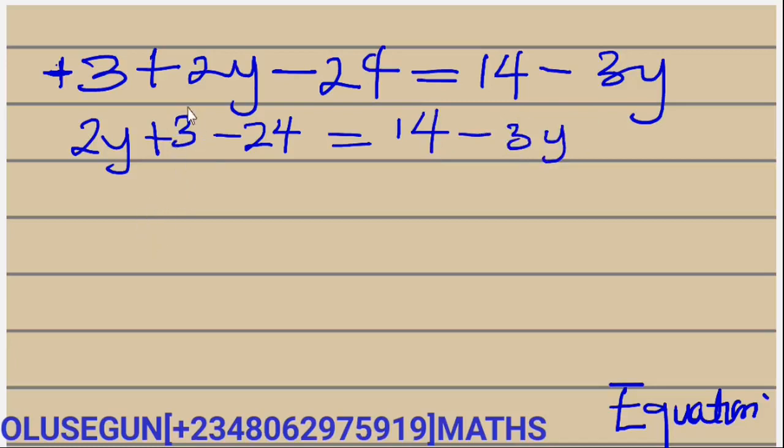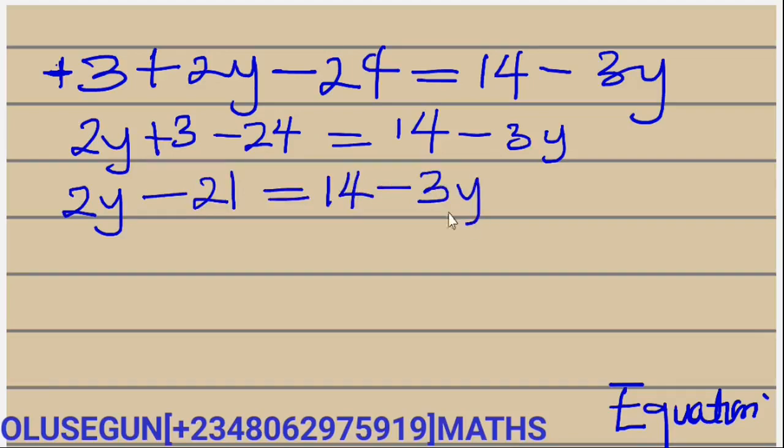So let's add plus 3 and minus 24 together. We have 2y, and this will give you minus 21 is equal to 14 minus 3y.